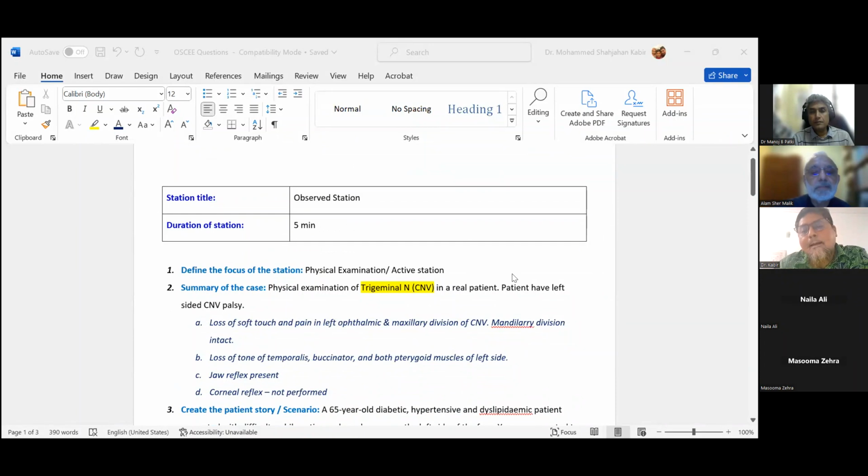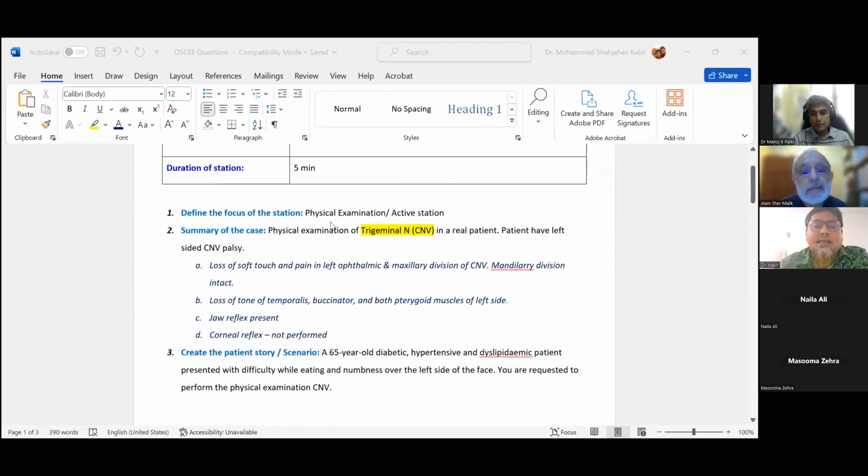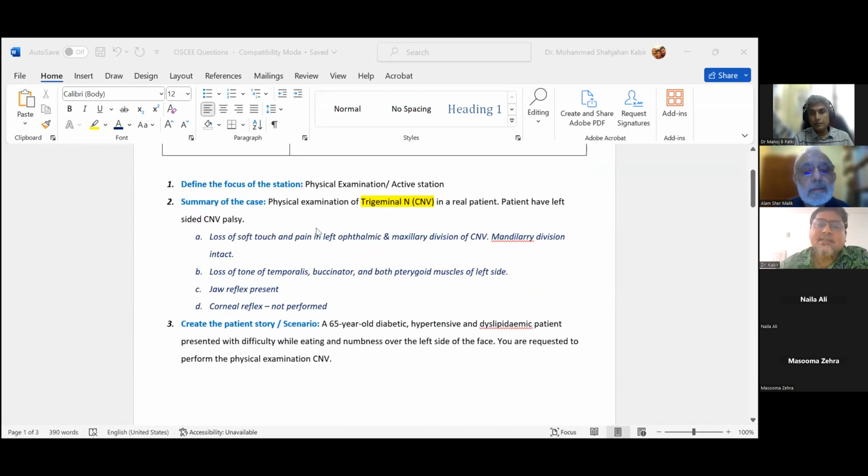Yes, please. First of all, we couldn't finish due to lack of time. It is an observed, active station, duration 5 minutes. The focus of the station was the physical examination, or clinical examination. The summary of the case was the physical examination of the trigeminal nerve, the 5th cranial nerve, in a real patient.